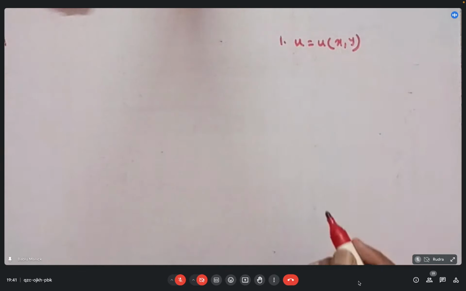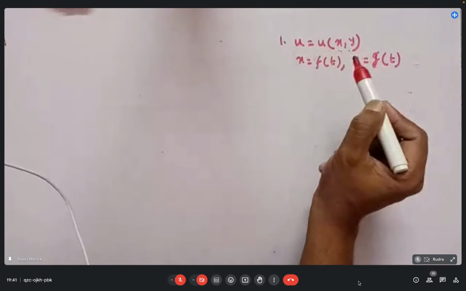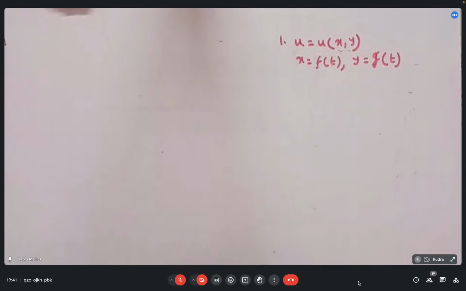So that means if I put the value of x and y here, then u will be a function of t. That means we can differentiate u with respect to t.